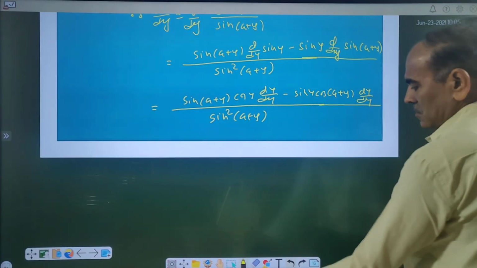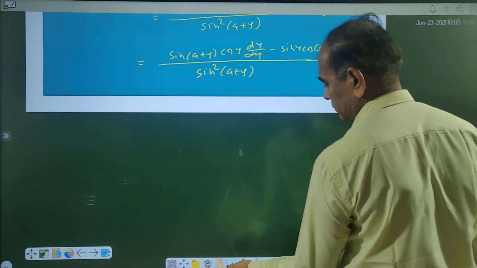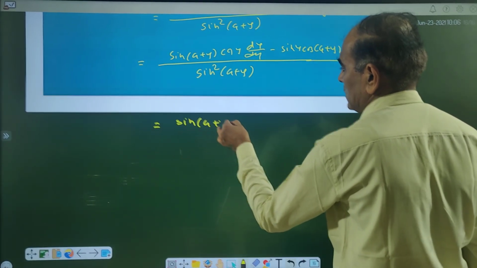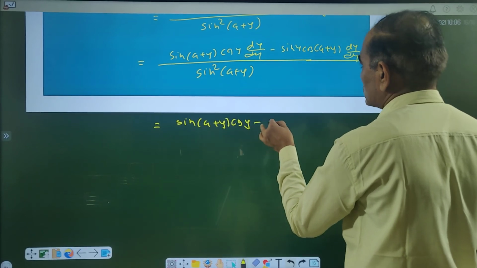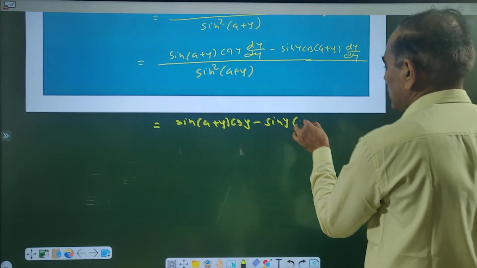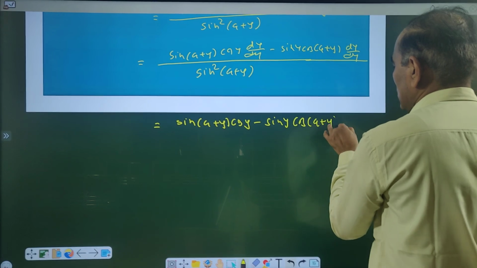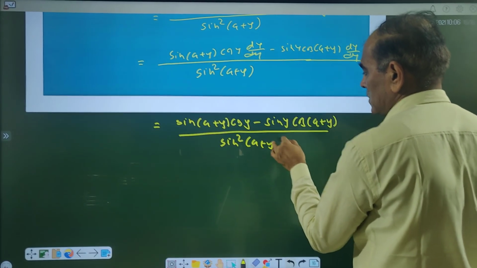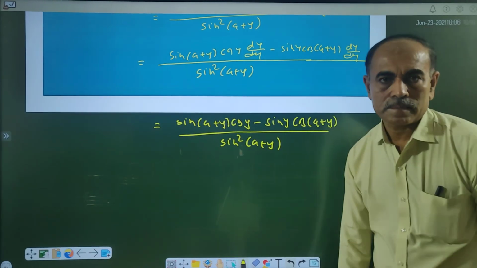Clear? So what we get here is sine a plus y into cos y minus sine y cos a plus y over sine square a plus y. Now think about the numerator.